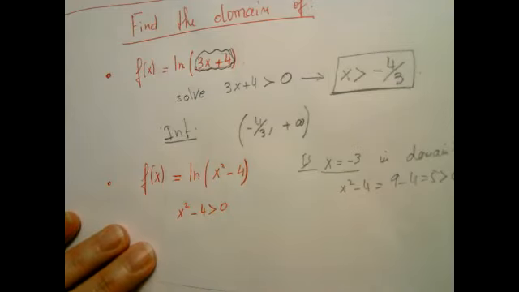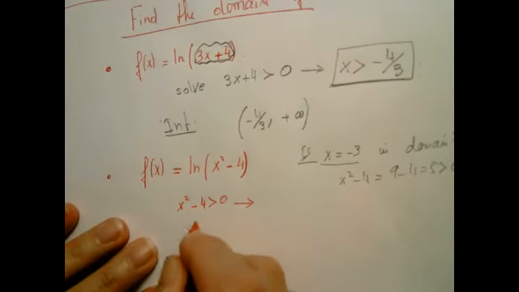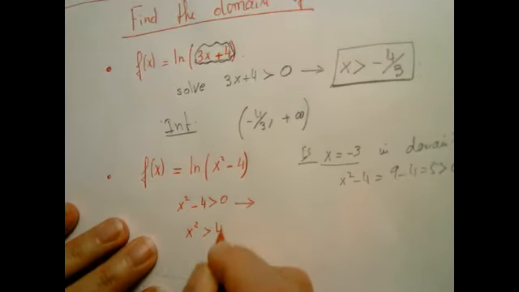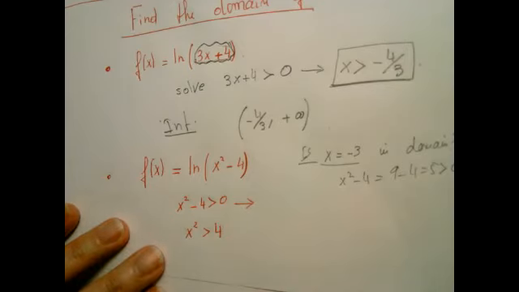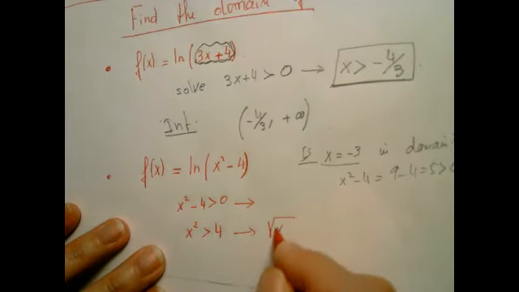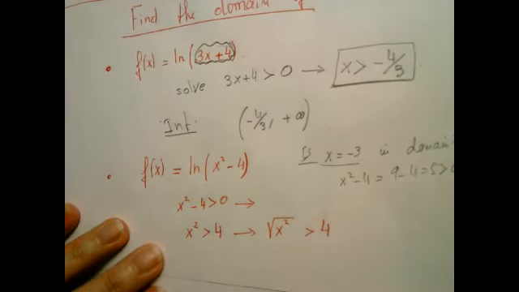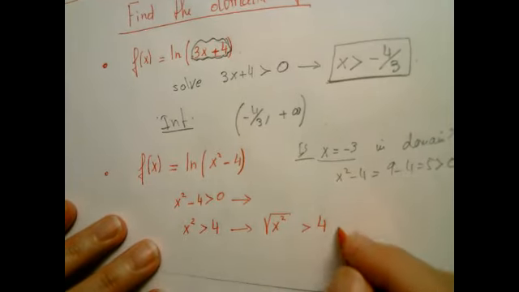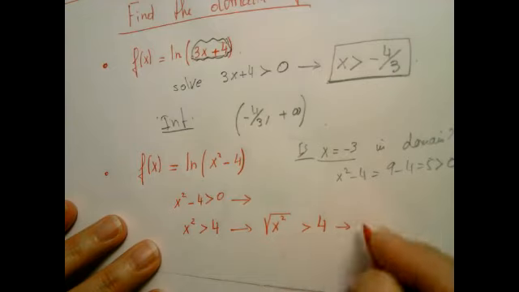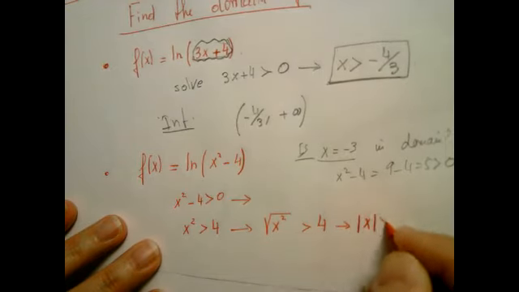And this is something I did at the beginning of the semester. x squared minus 4 positive, if you are solving it, it means x squared has to be bigger than 4. And to solve this particular one, it means that the square root of x squared is bigger than 2, but the square root of x squared is not necessarily x, it's the absolute value of x.